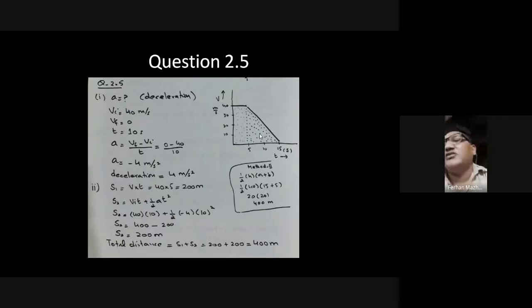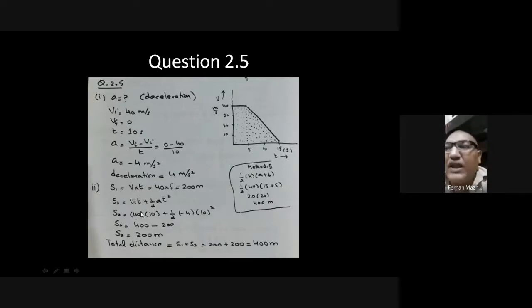So S is equal to Vi t plus half a t square. That's the second equation of motion. The initial velocity is 40, the time taken in this portion is 10, 1 by 2, the acceleration is minus 4, the deceleration was minus 4, and the t value is 10 square.